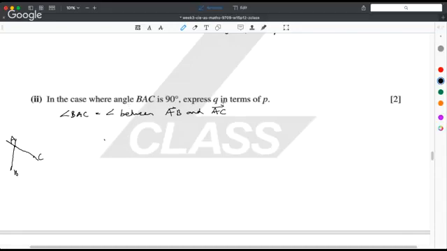So obviously we're going to need to talk about a dot product here because we're talking about the angle between them. Remember that the dot product is 0 if the angle between them is 90 degrees. So we have the dot product between AB and AC is 0. So let's look at what the dot product is. Well, AB is just 2, 3, 1, as we had before. And if you look at AC, that's just C minus A, you'll find that it's equal to 3, P minus 2, Q plus 3.